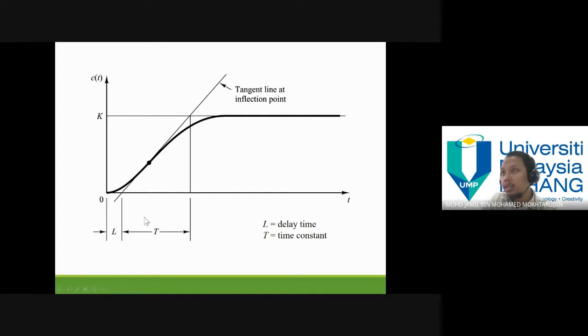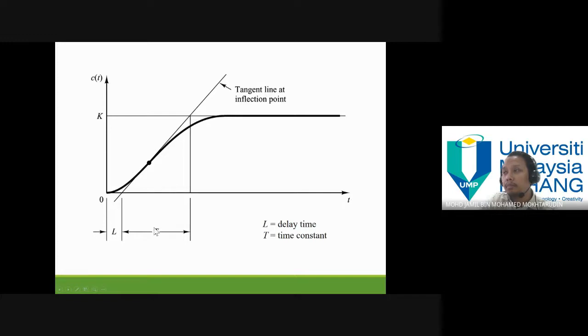The second thing that we need to know is the time constant T. To determine the time constant, you need to draw a tangent line at the curved part here. The line must intersect the L value and also intersect the steady state value.